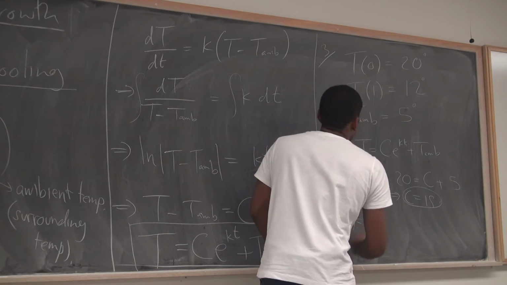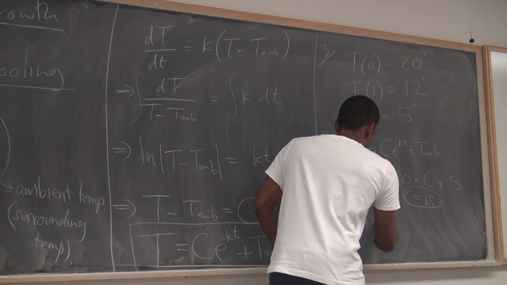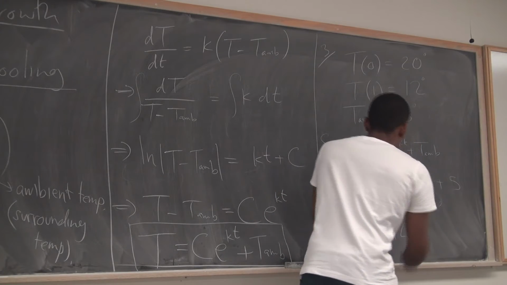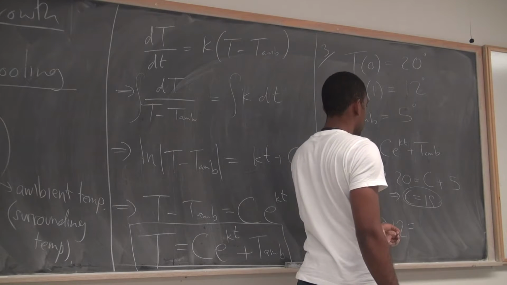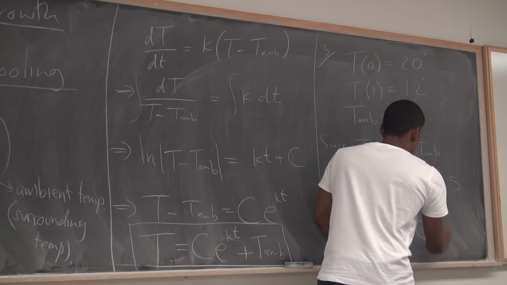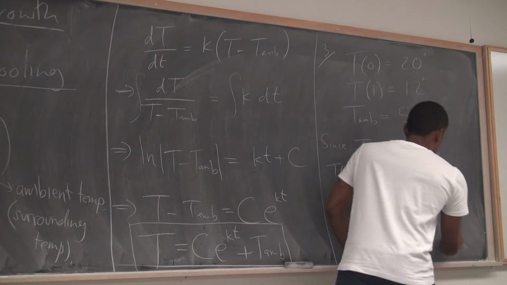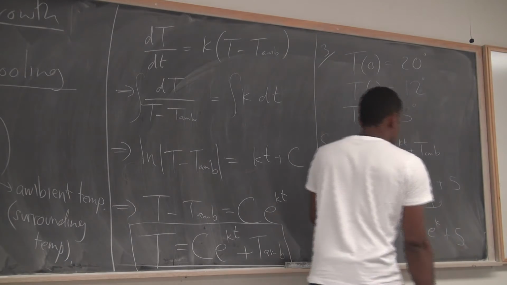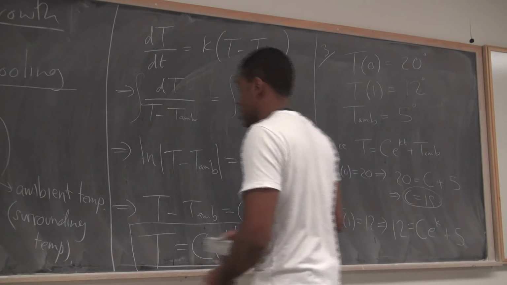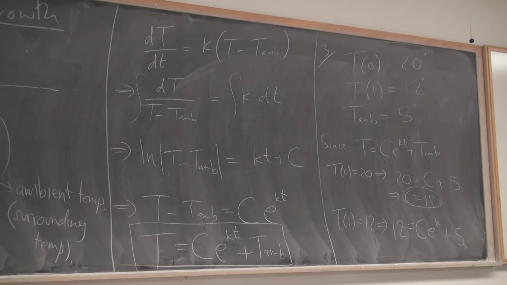T of 1 is 12, meaning the current temperature is 12 when t is 1. So now I have C e to the k plus 5, but I already know C is 15. So now we only have to find k.